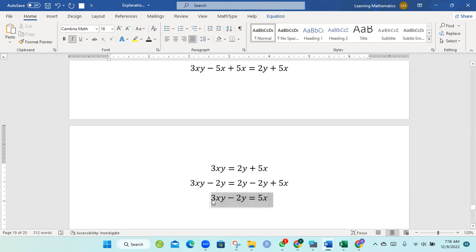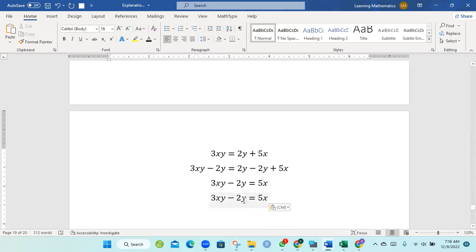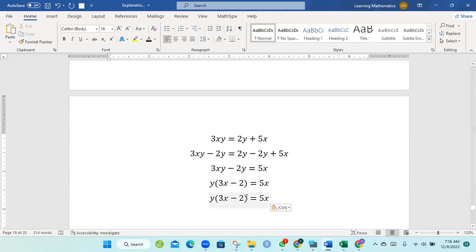So what we have to do now is to get one y by factoring out the y, because y is a common factor between 3xy and minus 2y. So we're going to factor out y, giving y outside of 3x minus 2. And now we're going to divide by 3x minus 2 to cancel it out from the left.